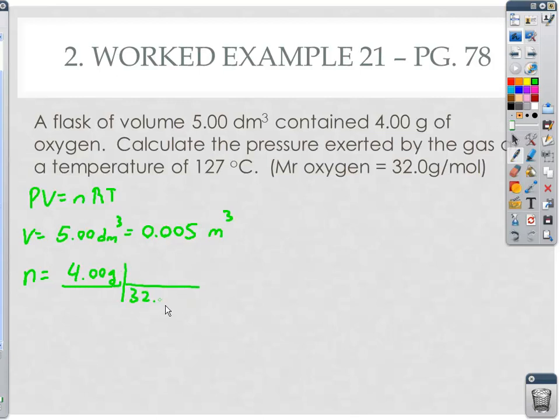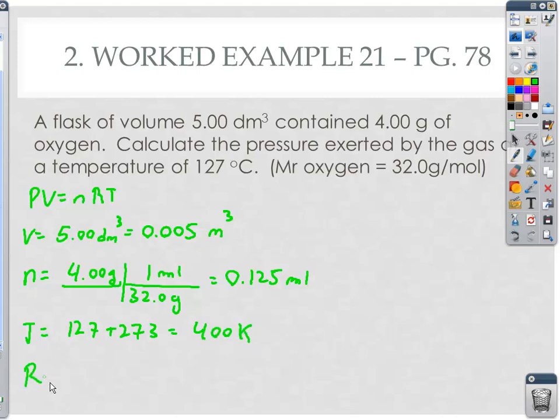We need to find n. 4 grams divided by 32.0 grams per mole, which equals 0.125 moles. And temperature, 127 plus 273, 400 Kelvin.